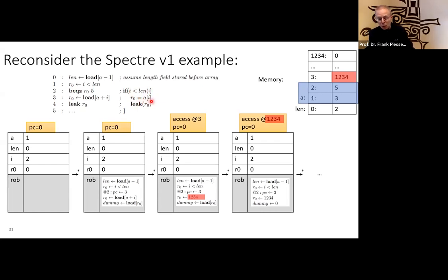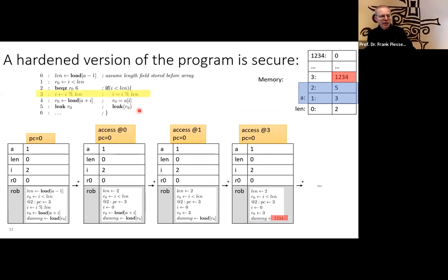So what we can do, one of the countermeasures is to make sure that even on misspeculated branches, all memory accesses are still fine. And a very simple way of doing that here would be to insert a modulo computation in the then branch.